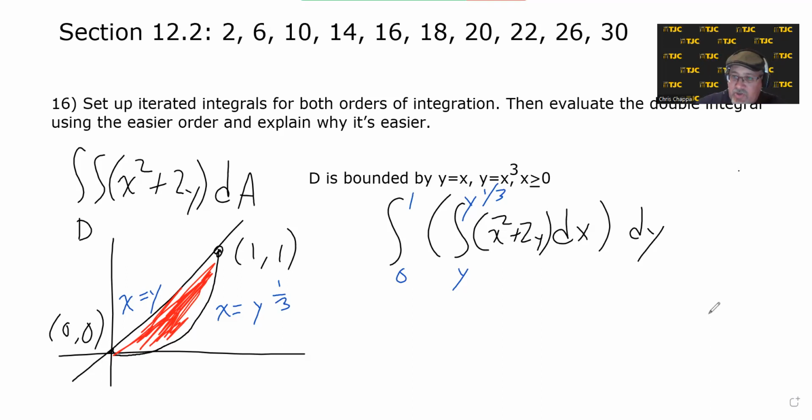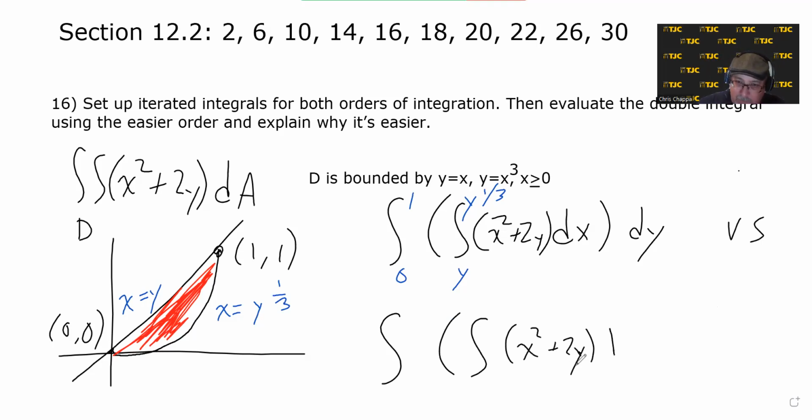And then this will be versus the other order, x squared plus 2y dy, and then dx. All right, if we're going to do the dy integral first, we need to know what y equals on the bottom and what y equals on the top.